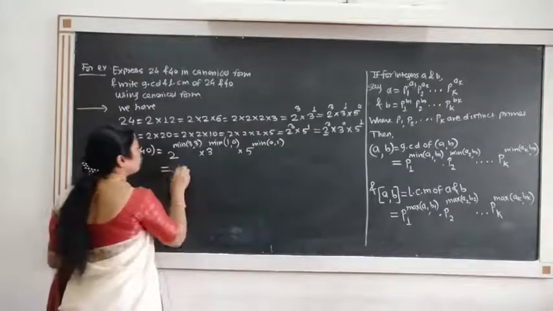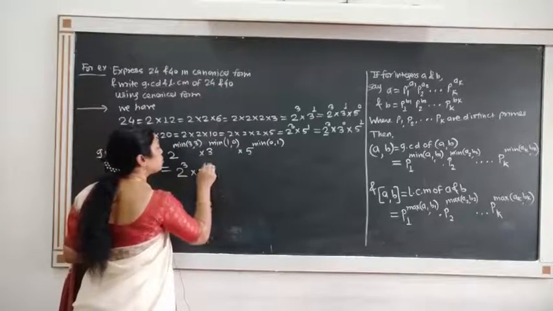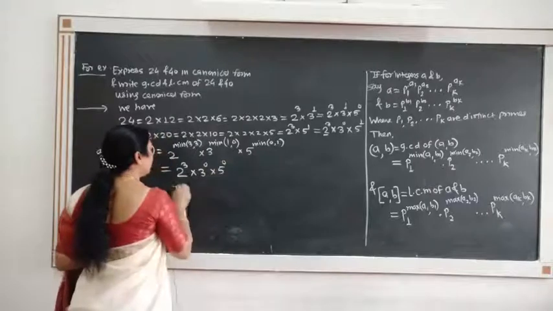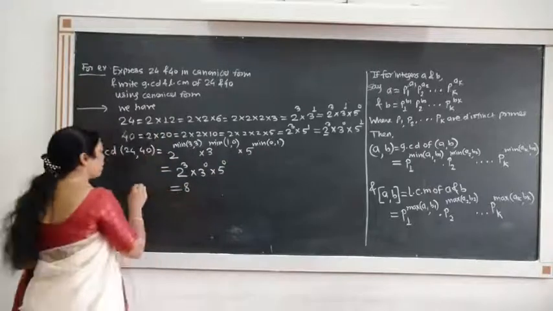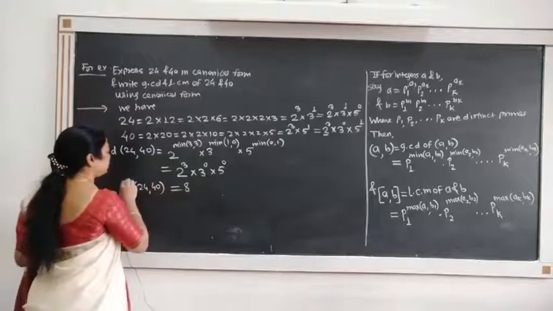So 2 raised to minimum is 3. Minimum of 1 and 0 is 0 and minimum of 0 and 1 is 0. So it is 8, and therefore GCD of 24 and 40 is 8.